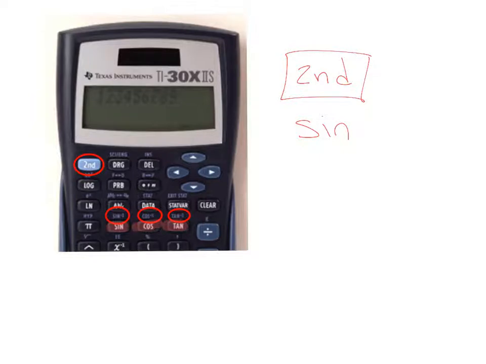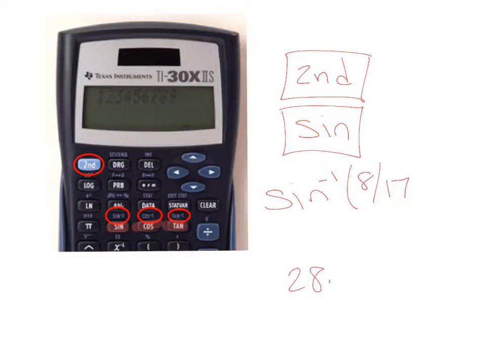Then the sine minus 1 will come up, and you can put in your fraction. In that last one, it was 8 over 17. Then hit enter, and it'll give you that decimal. The decimal ended up being 28.0724. And we could have done this with the other ones also. We could have done inverse cosine, inverse tangent.